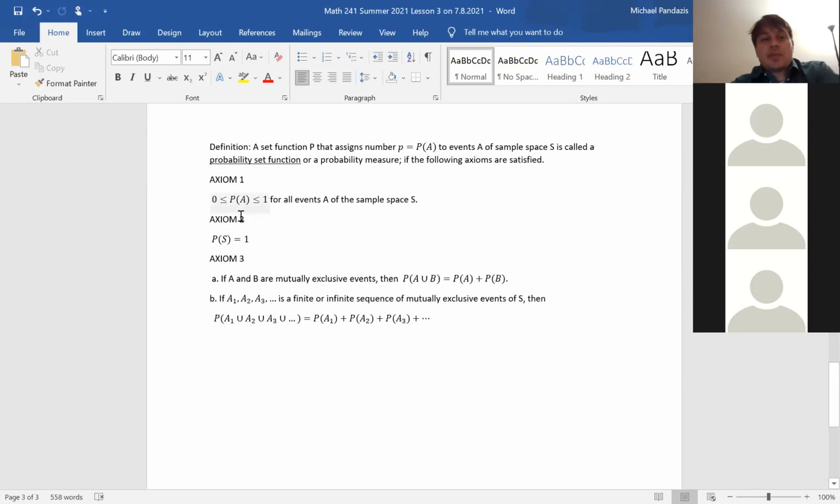So if axioms 1, 2, and 3, meaning A and B in axiom 3, are all satisfied by the set function, then it's a probability set function.